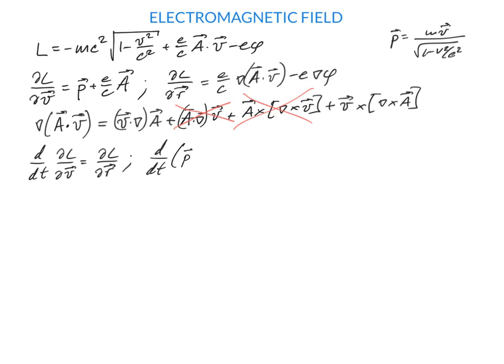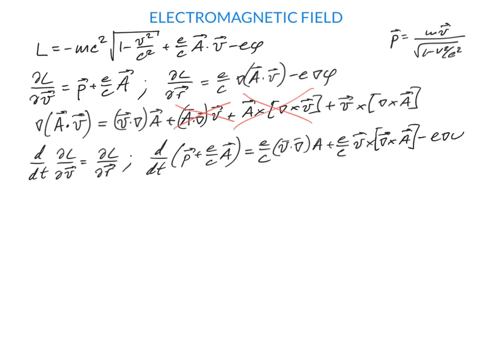So here we have p plus e over c A, and the right-hand side is e over c v dot del A plus e over c v cross curl of A minus e del phi.